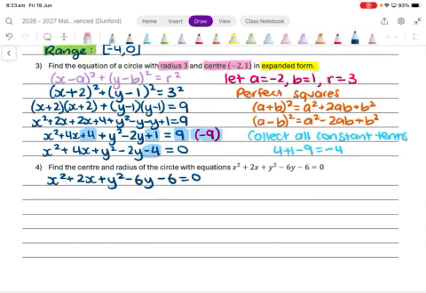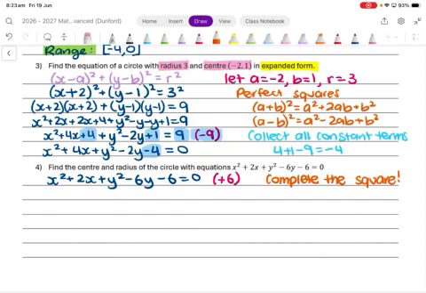What we're going to do is plus our 6 to the other side. Now, we need to get this back into x minus a all squared plus y minus b all squared. So what we have to do is complete the squares. Again, something that we did earlier on in our algebra and equations topics is coming back in.